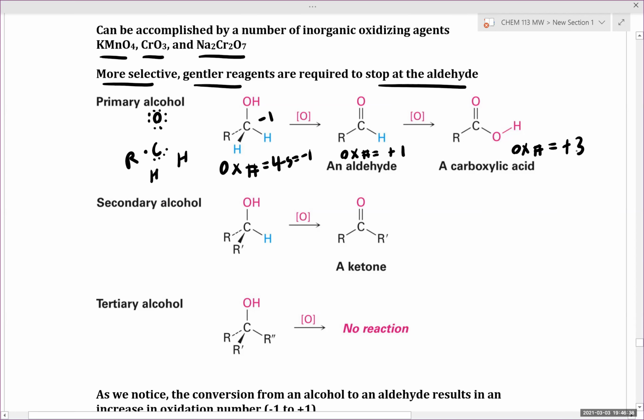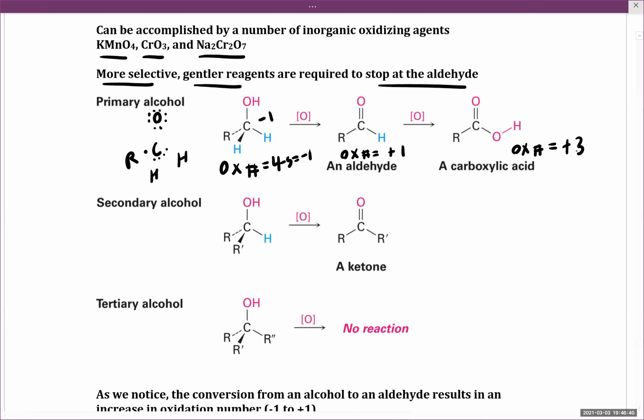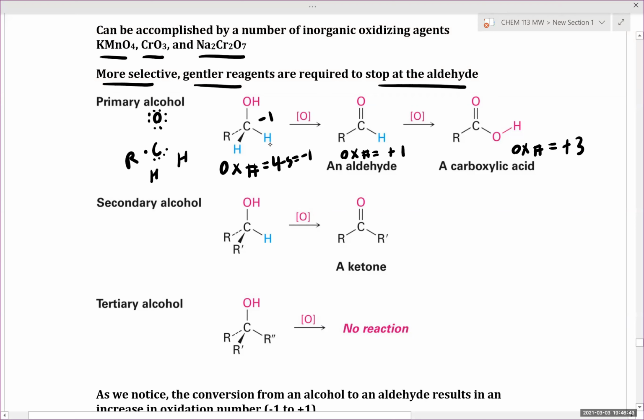Now, as we notice if we take a look at the hydrogens, in each oxidation step, we lose a hydride equivalent. Correspondingly, our oxidation number changes by 2, right? So each hydride equivalent leads to an oxidation number change of 2.